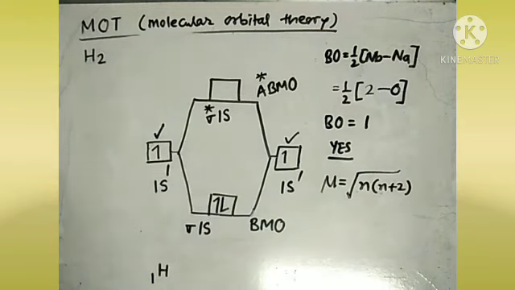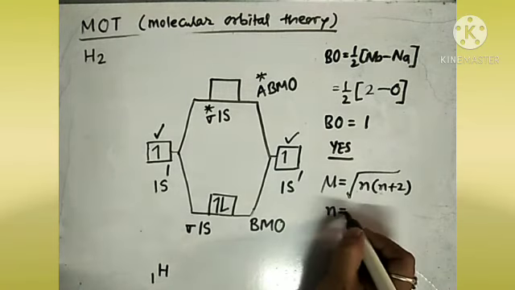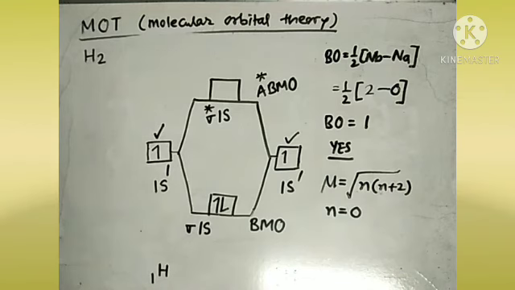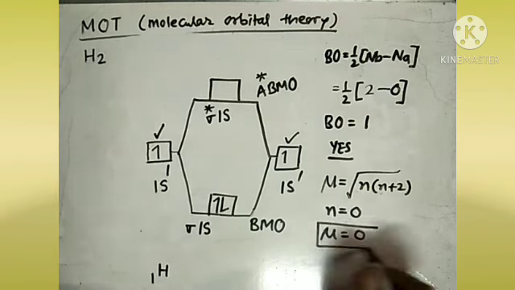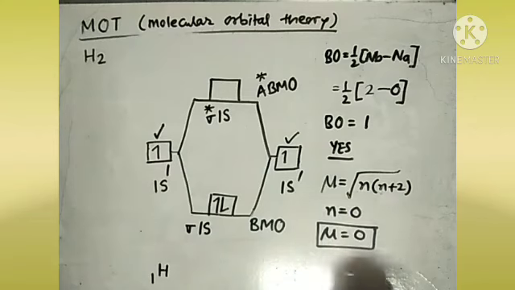That means there is no unpaired electron. So the n value comes 0, and obviously the mu value is 0. That means the molecule must be diamagnetic. It doesn't have any kind of magnetic character, so this will be the diamagnetic one.